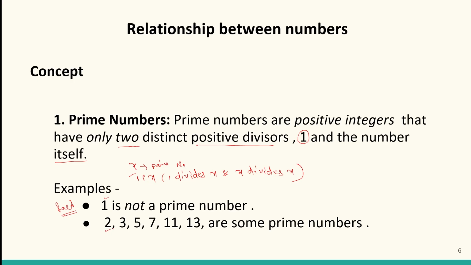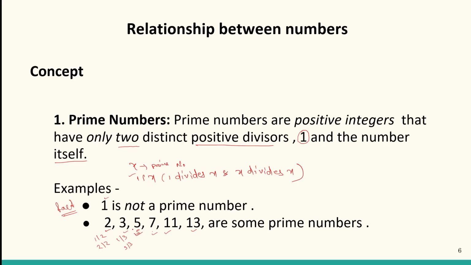Take 2, 3, 5, 7, 11, 13. You can see here that 1 divides 2 and 2 divides 2, 1 divides 3 and 3 divides 3. Does 2 divide 3? No, because it will leave a remainder of 1. Does 2 divide 5? No, it will leave a remainder of 1.